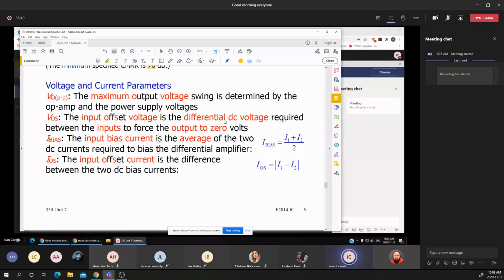The VOPP, remember that the PP refers to the power supply voltages, and that's the maximum output voltage. Remember that we talk about swinging between the two limits, rail to rail, or between the two voltages applied to the op amp. That's the maximum output.